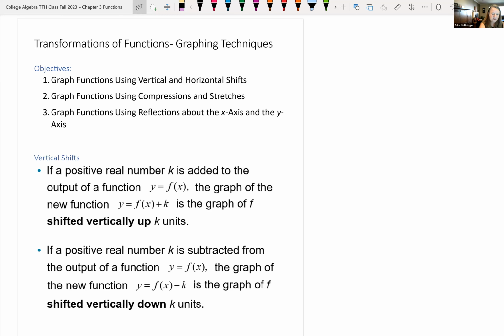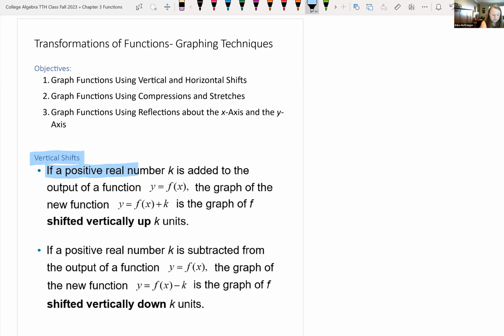So for the first piece, we're looking at vertical shifts. If you're looking at some function f of x, and you're adding a constant k to that function f of x, then we have a vertical shift if k is bigger than 0. So that was stated in words, and now let's read what it says.